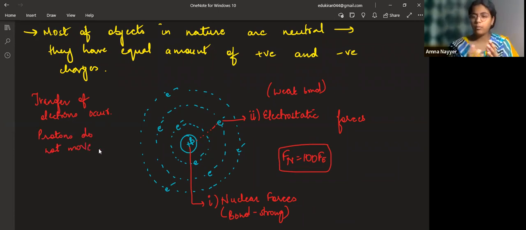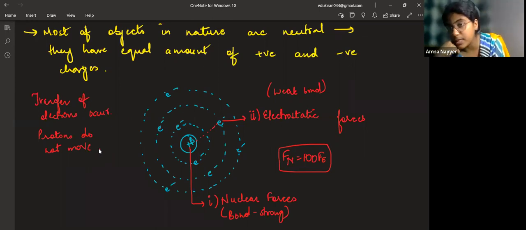Now, one body will be eliminating the electron. Suppose one of the electrons moves. The body from which the electron is moving away is called a positively charged body. So it's not the addition of protons that makes a body positive, it's the deficiency of electrons.